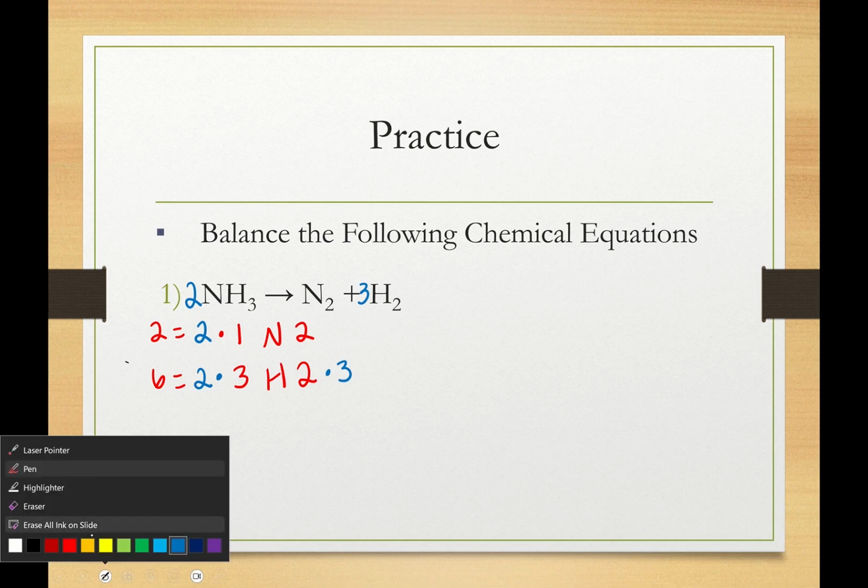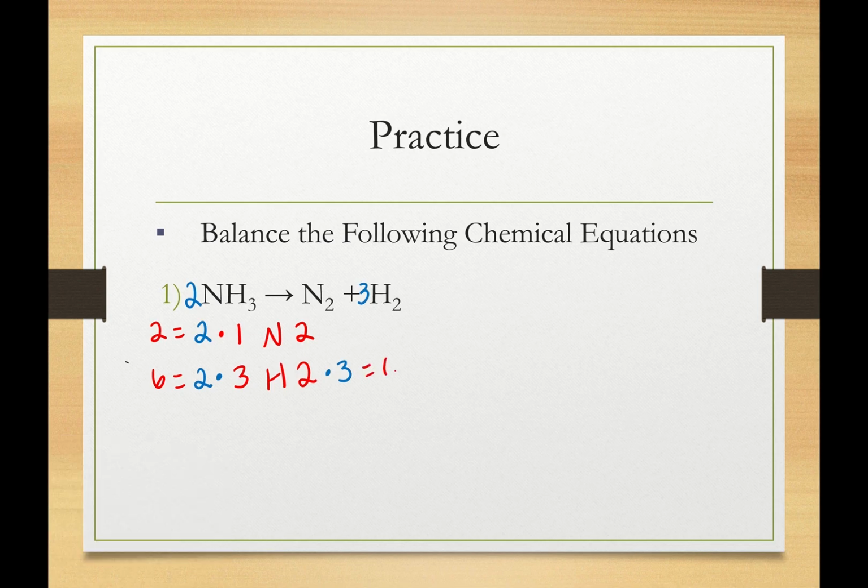So then we get 2 times 3. This is now 6. In this case, because the nitrogen and the hydrogen are separate and not bonded together, this coefficient of 3 is only affecting the hydrogen and not the nitrogen. So now when I take a look, I have 2 nitrogens on both sides, 6 hydrogens on both sides. So now this equation is balanced because I have the same number of atoms on both sides.